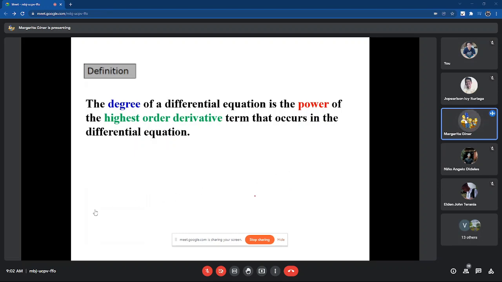Okay, so the degree of a differential equation is the power of the highest derivative. Okay?